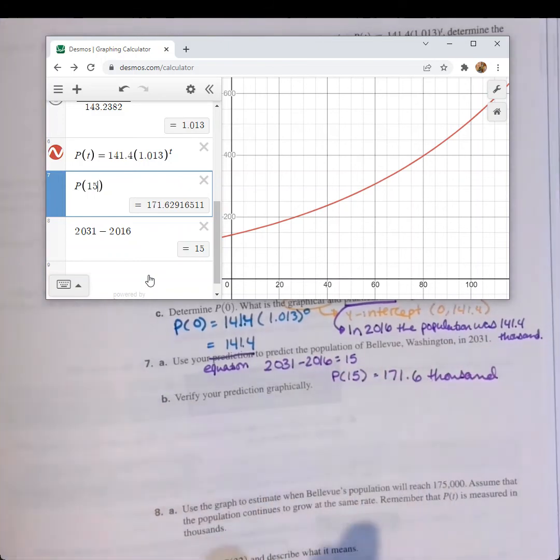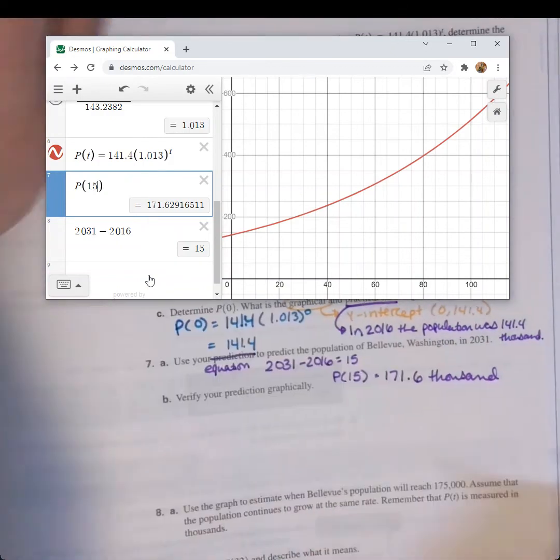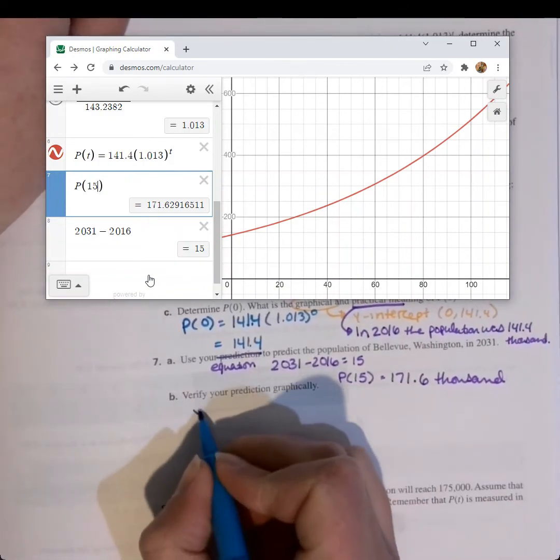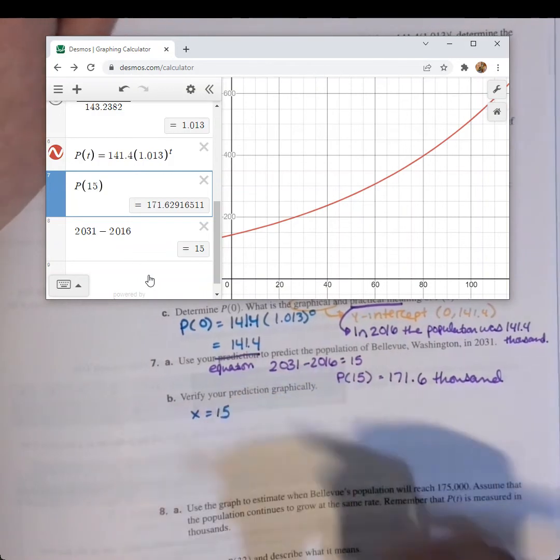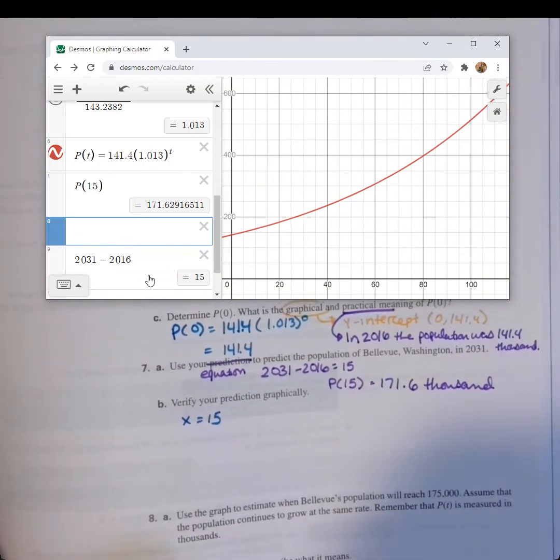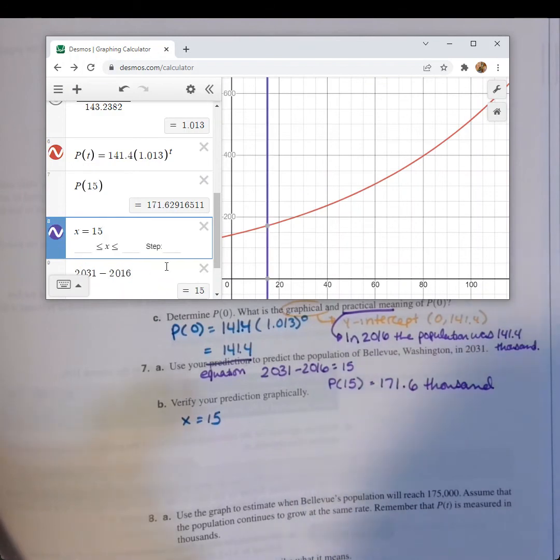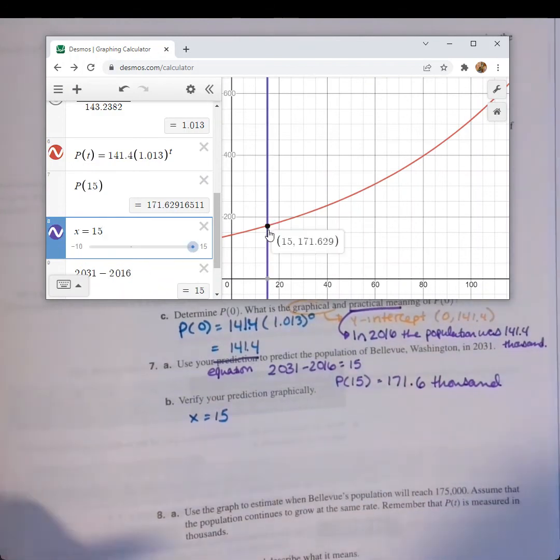Verify the prediction graphically. Okay, so graphically, since this 15 is an input value, I can do an x equals 15 to see where this is going to hit my graph. And then I can see my prediction right here. For the year 2031, it is 15 years since 2016, and I can see that the output value is 171.629, just like I had seen on the algebraic or the function input method.